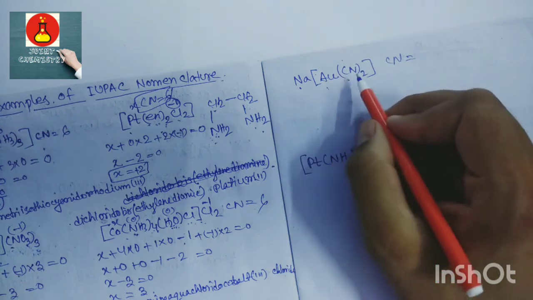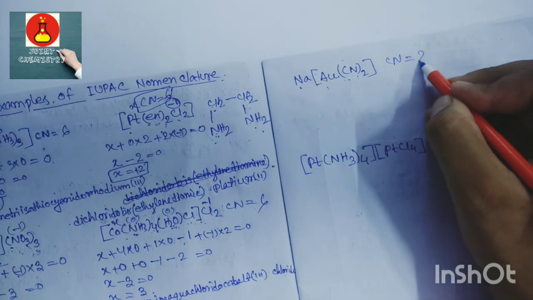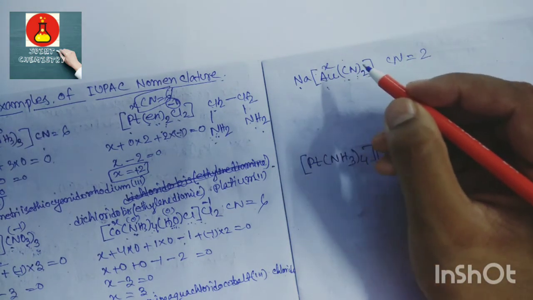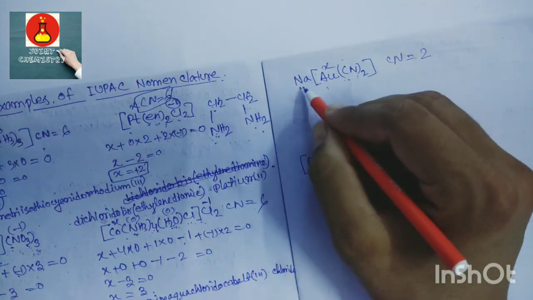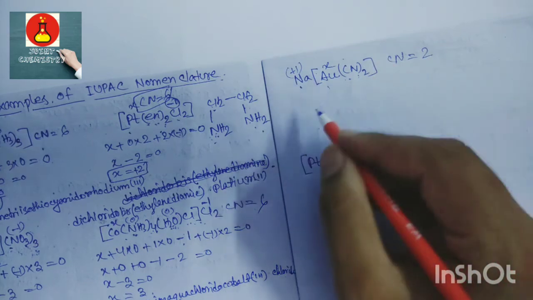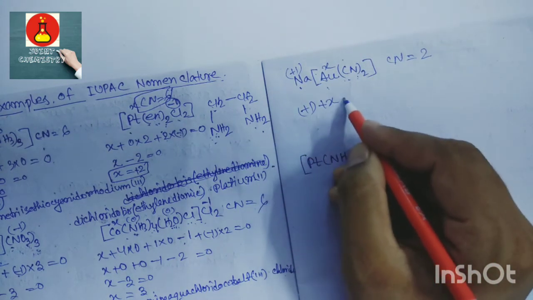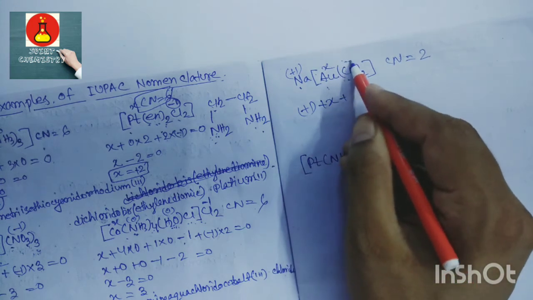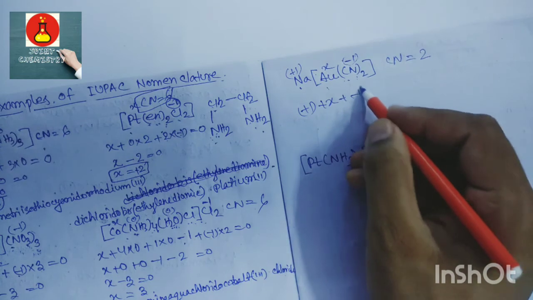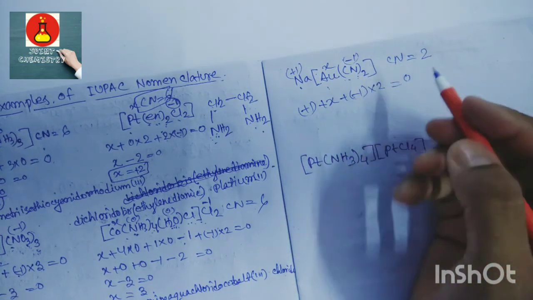Hydrogen atom. So we need two cyanide. That's why it has coordination number 6. Now the charge of the metal. Each sodium contributes plus 1 charge. So there is a plus 1 plus H, plus each cyanide contributes minus 1 charge. So minus 1 into 2 is equal to minus 2, and that is equal to 0 because there is no charge outside of this complex.